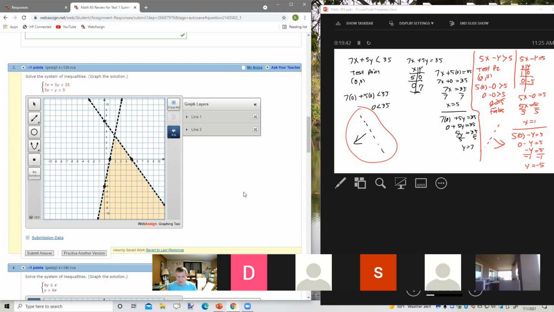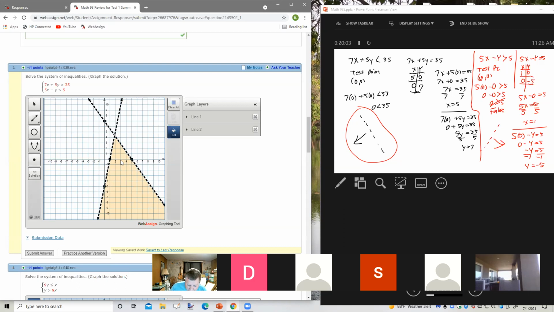Would it be okay to do maybe a couple more samples of this? Sure. In fact, I'm going to do one more thing with this. Now that I know where the solution region is, let's pick a point in there and plug it into both inequalities. It should be a solution to both. So how about this point right there? How about 3, 0?